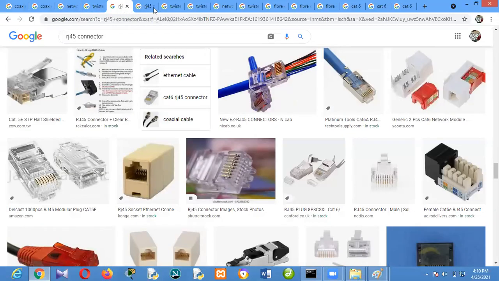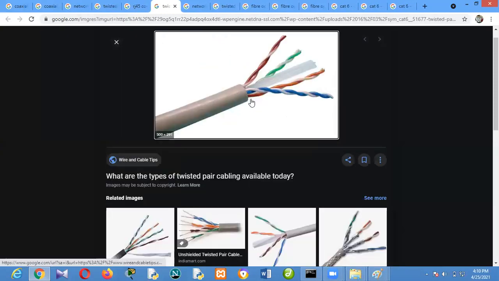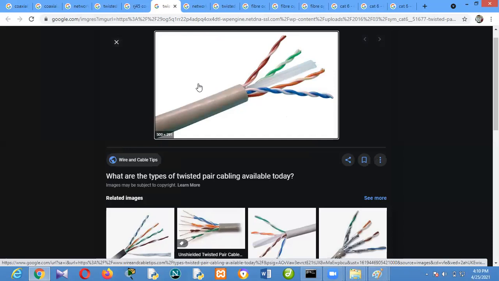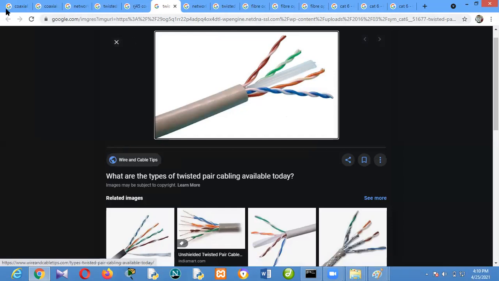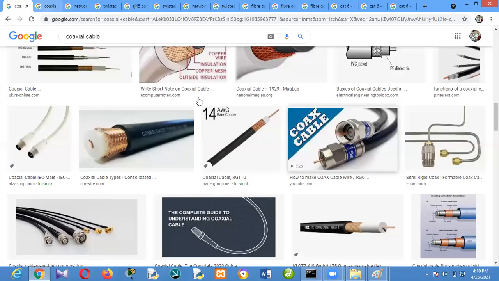Hold on. I'll bring up things about what I meant. Okay, look at my screen. What you are seeing here is unshielded twisted pair. It doesn't have a shield. The shield I showed you before in coaxial. Where is that coaxial that I showed you before? All those kinds of shields.